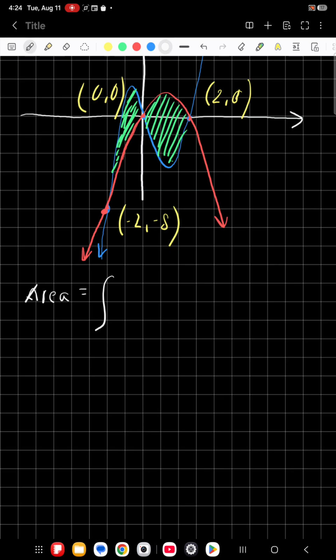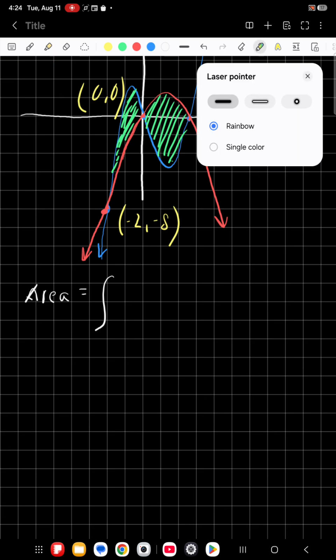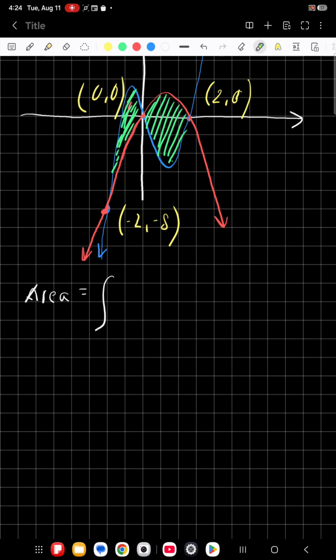So we're looking again at those x's. We're calculating two areas, the area between these two curves.